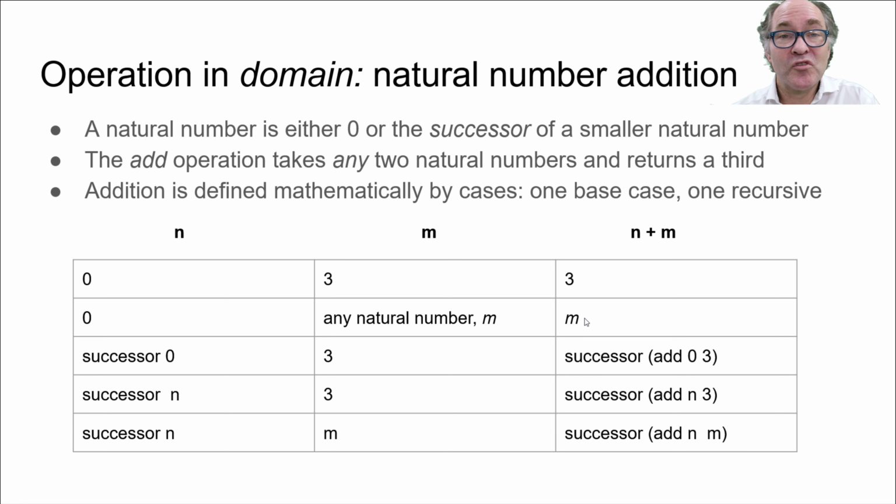It's a general purpose rule for doing addition. It's the easy rule, and it's the rule corresponding to the case where the first argument is 0, rather than being the successor of some one smaller number. There's only two cases. The first argument is 0, or the first argument is not 0 and is therefore the successor of some one smaller number.